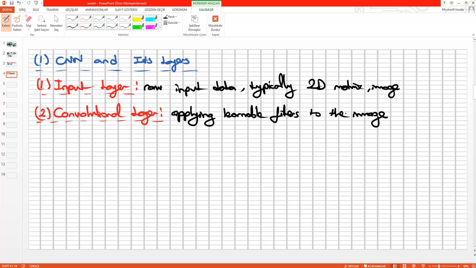This layer contains this kind of filters, a specified number. But in a convolutional neural network, we can learn this filter in order to what? In order to increase your classification performance or the regression performance. And in these learnable filters, we have the kernel function.